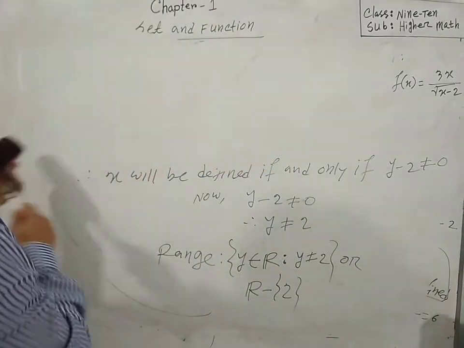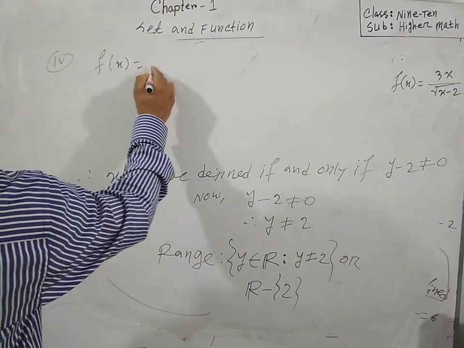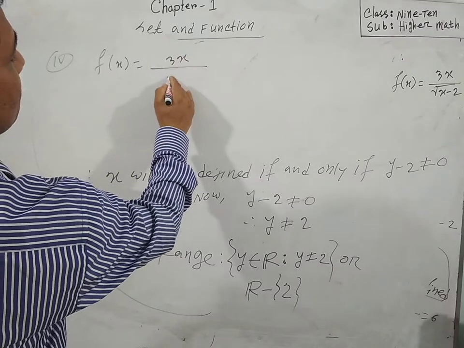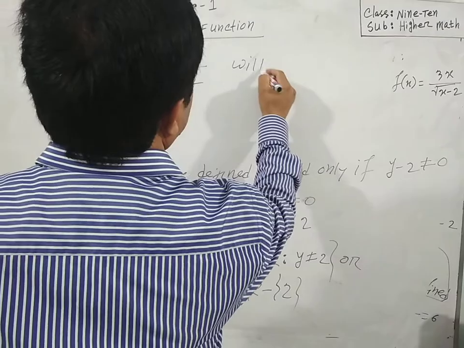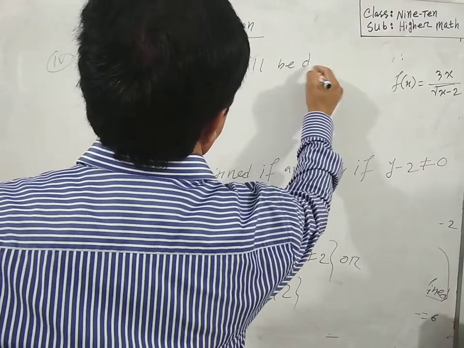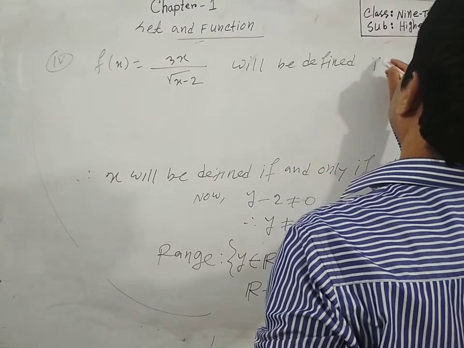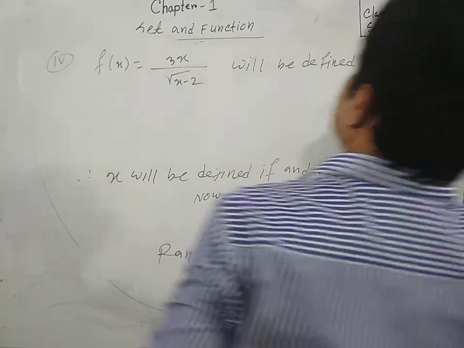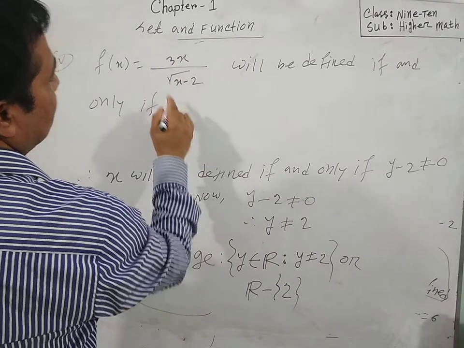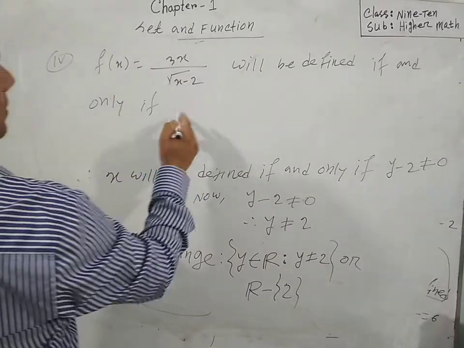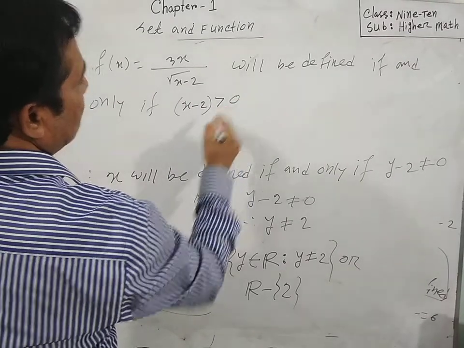Another example, number 4. f of x equals 3x over root of x minus 2. It will be defined if and only if the denominator root of x minus 2 is greater than 0.